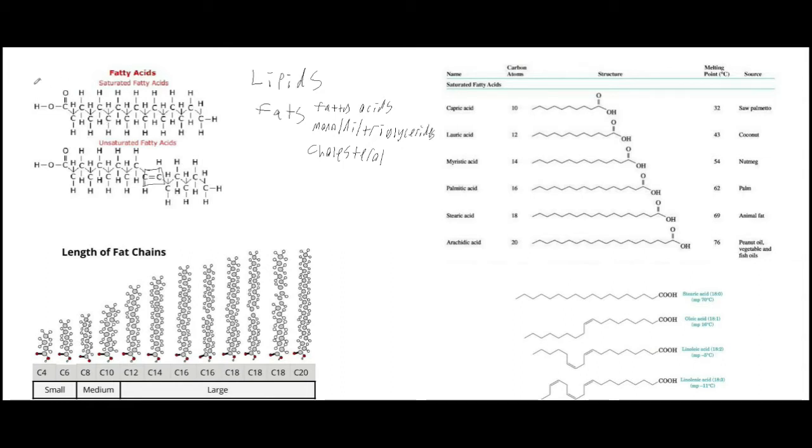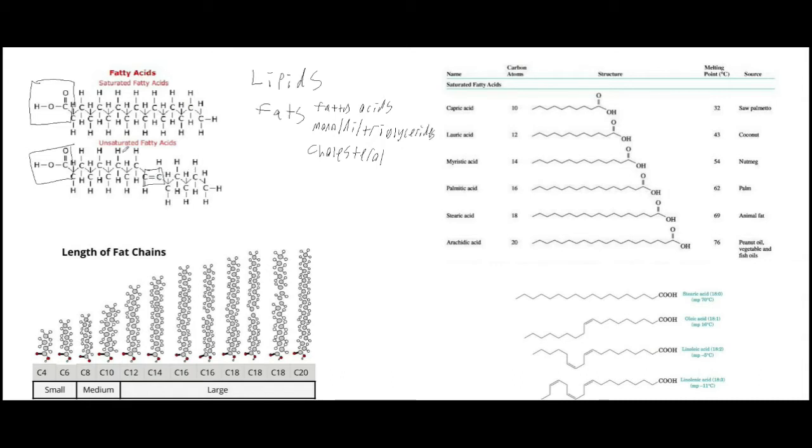Both of them have the carboxylic acid at one end of it. That's why it's called a fatty acid, because it has this carboxylic acid at one end, with the rest being just a hydrocarbon chain. And the unsaturated has this double bond in it.